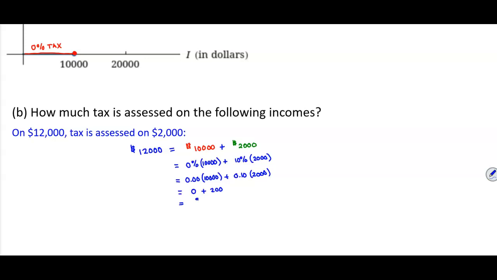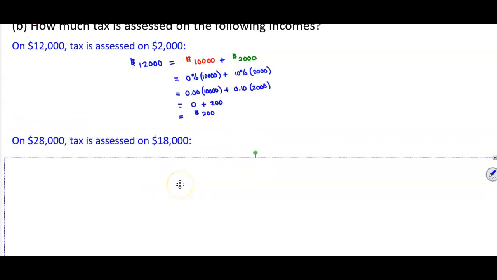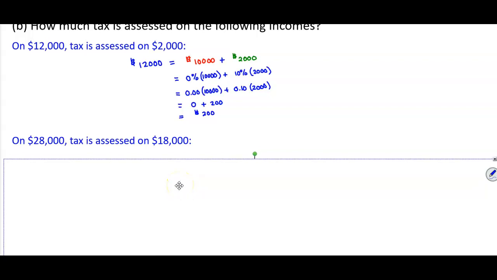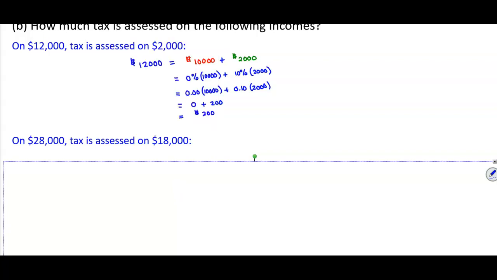Therefore the tax assessed on $12,000 is $200. Now the second part of this question is, on $28,000, what is the tax that is assessed? Let's break that down. We have $28,000.